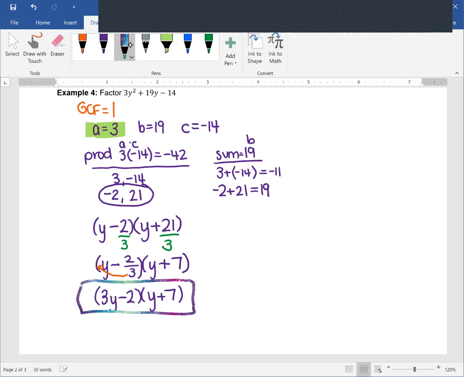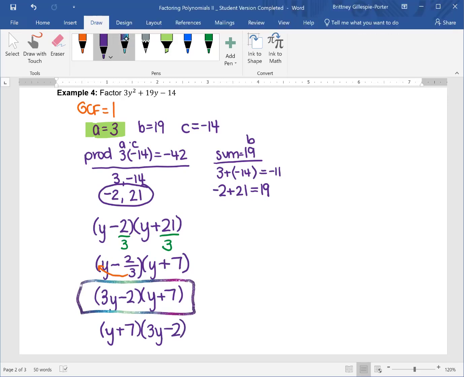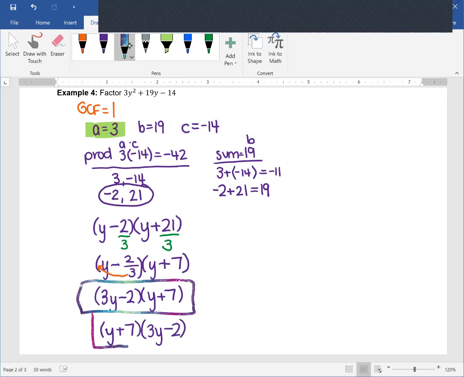Again, additional work that we don't need to do. And you could have your answers flip-flopped if you found the positive 21 first. So you could have y plus 7 times 3y minus 2. Remember, that is the same thing. It's only when we hit matrices in college algebra that we can't flip-flop our multiplication.